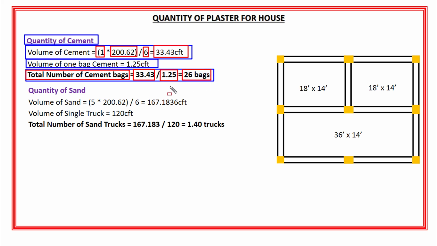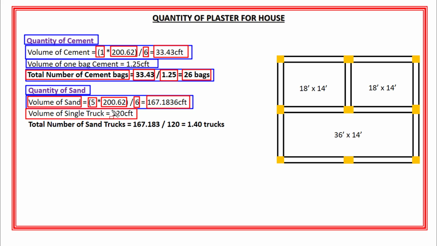Okay? Next is the volume of sand. So the volume of sand is equal to 5, which is the ratio of sand, multiplied by 200.62 divided by 6. And the total volume or quantity of sand is equal to 167.183 cubic feet. Now we know that the volume of a single truck is equal to 120 cubic feet.